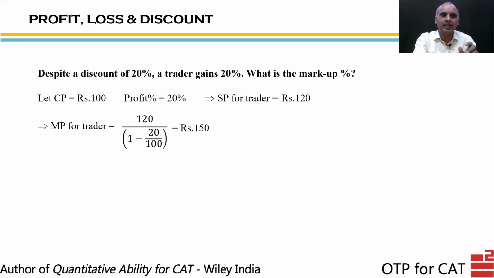And now we realize that CP, the initial cost price was 100 rupees and the mark price is 150. So can I find out markup percent? Recall the formula of markup percent. So I see that markup percent here is 150 minus 100 upon 100 into 100. And that is 50%. So in this case, we have a markup percent of 50%.